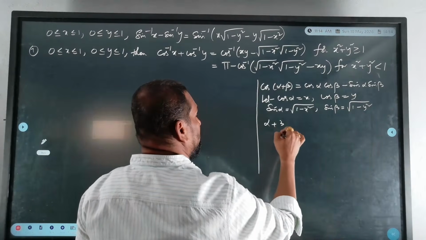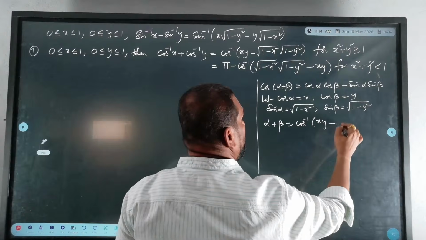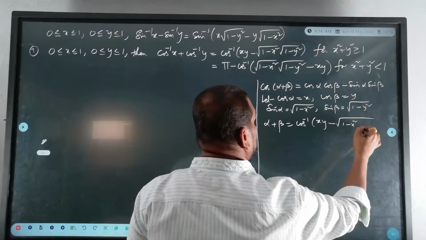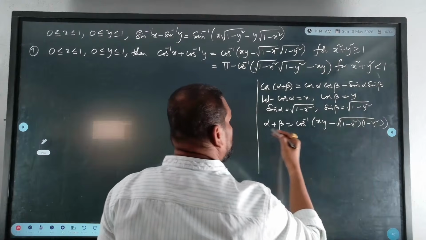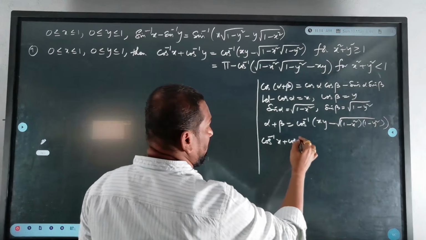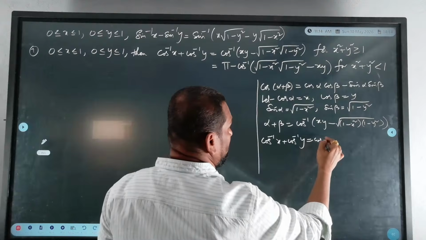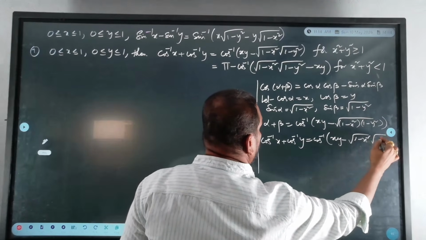So alpha plus beta equals cos inverse of xy minus root 1 minus x square into root 1 minus y square. So cos inverse x plus cos inverse y equals cos inverse of xy minus root 1 minus x square root 1 minus y square.